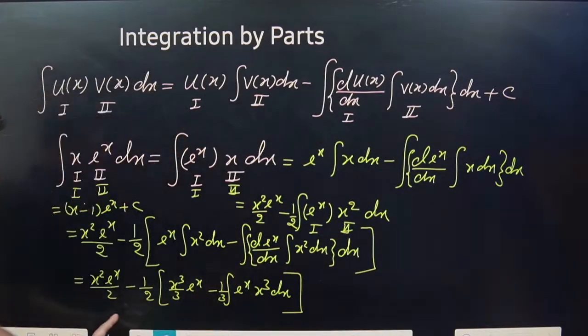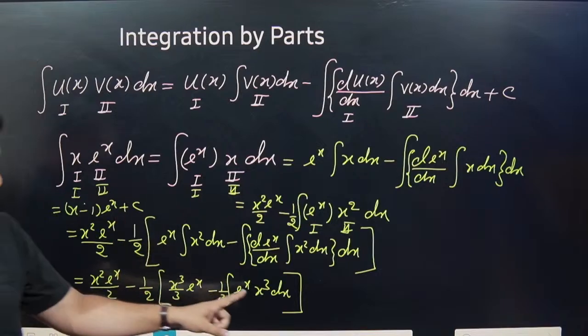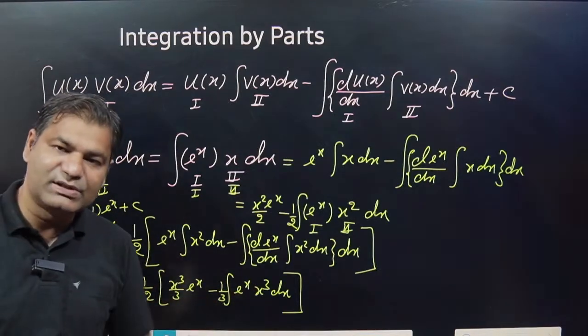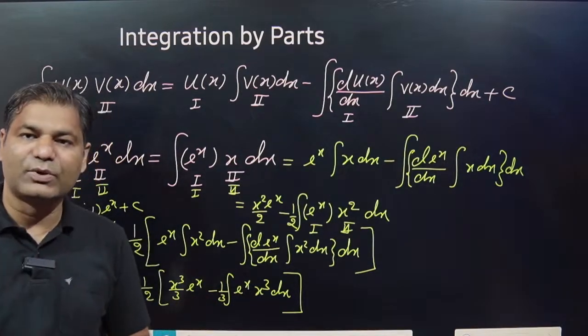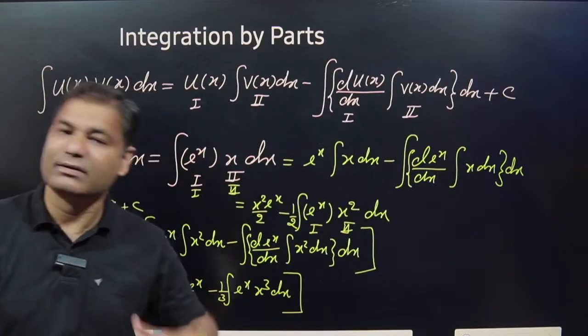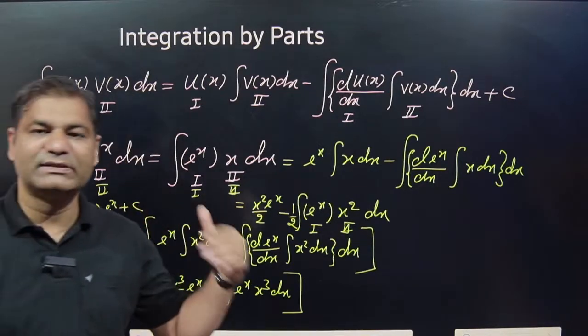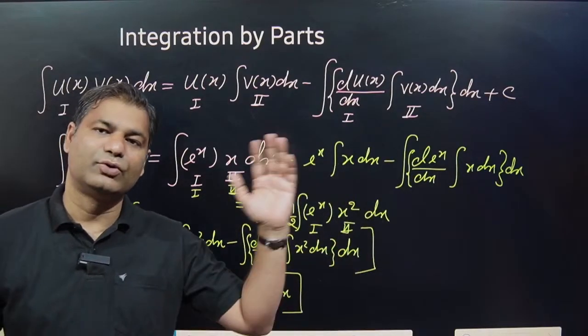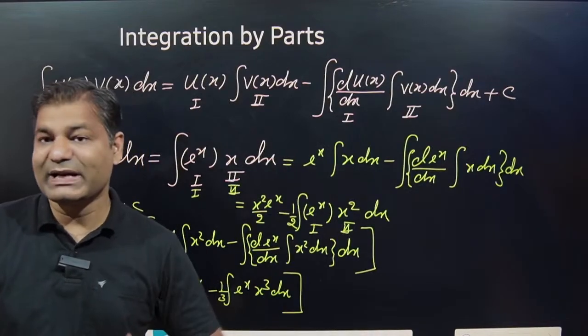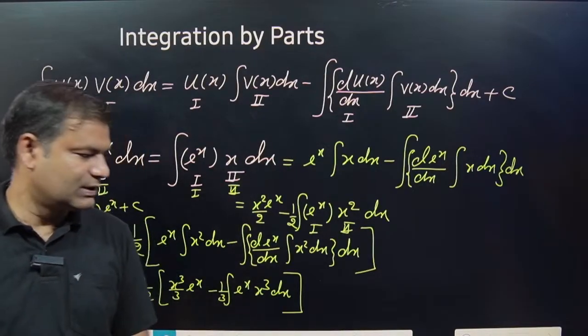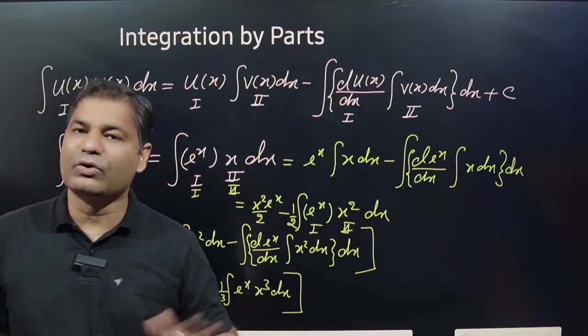Here the power increases after one integration. Here x cube, if this one is integrated, then we got x to power 4. If that one is integrated, then we got e to power x into x to power 5. So going on, it means the power increases. Okay, it means you are going the wrong way.